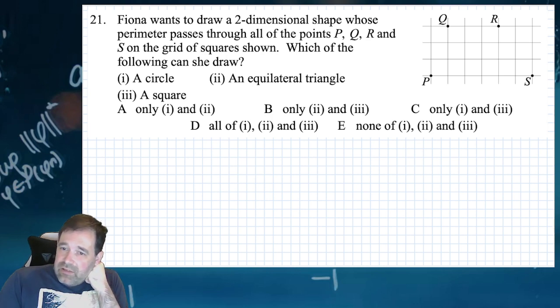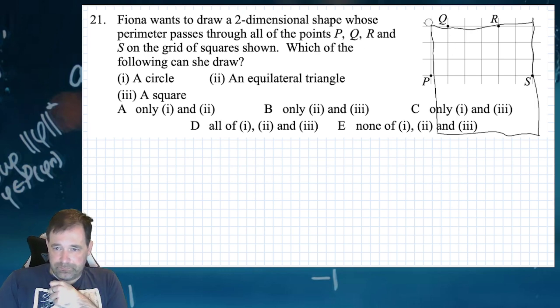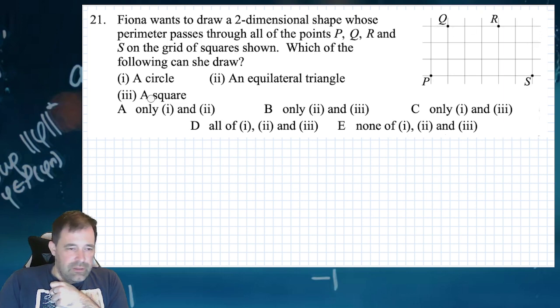So a square's easy. You can just do 6 by 6 by 6 by 6. So a square, we can definitely do. Alright, so we can do a square. Let's have a look at the other 2. An equilateral triangle. And that is a different gradient to that.